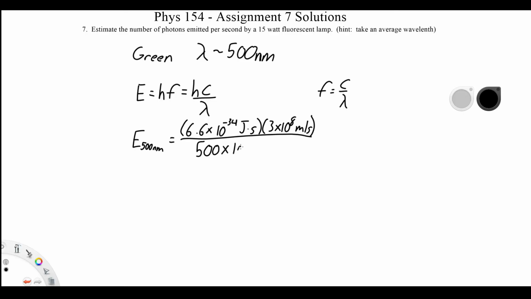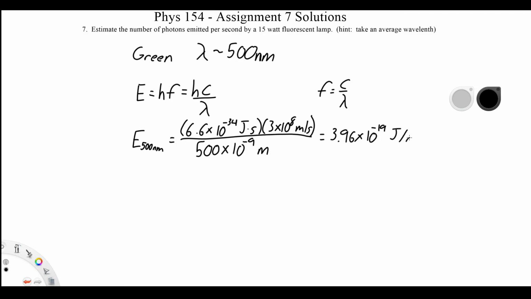So nano is times 10 to the negative 9 meters. And we ultimately end up with an energy for 500 nanometer wavelength photons of about 3.96 times 10 to the negative 19 joules.